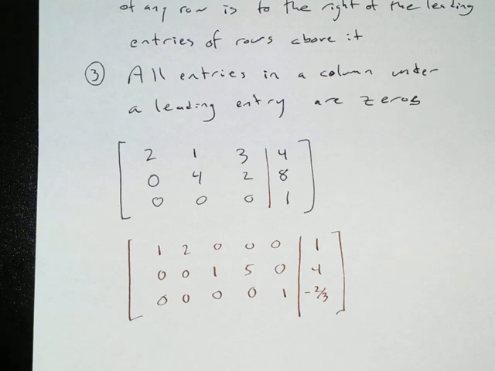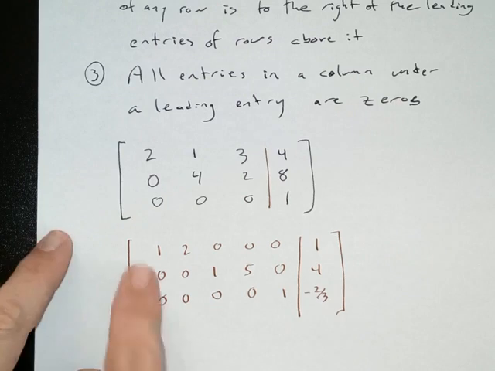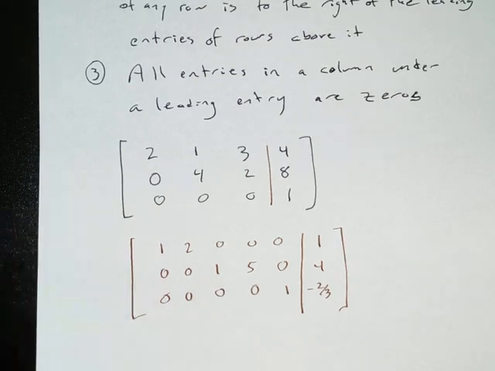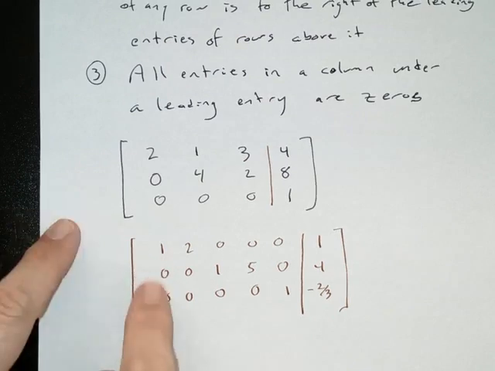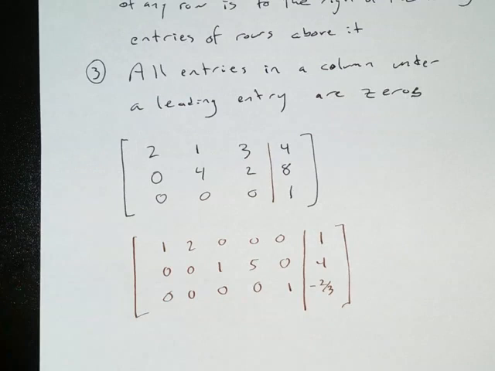This is also in row echelon form. But there's more going on here. Notice leading entry, leading entry, leading entry. As we go down, they move to the right. Nothing below a leading entry other than zeros.